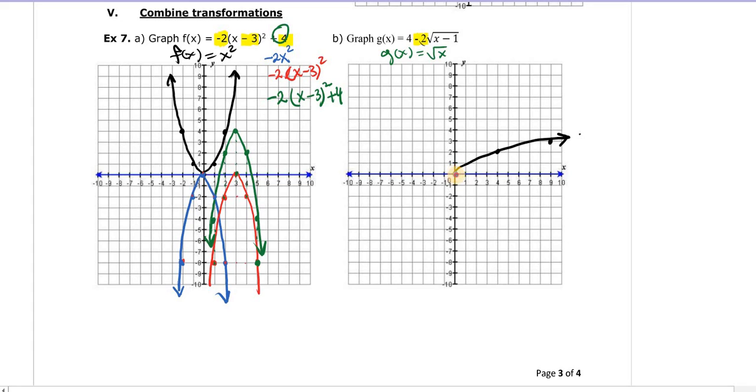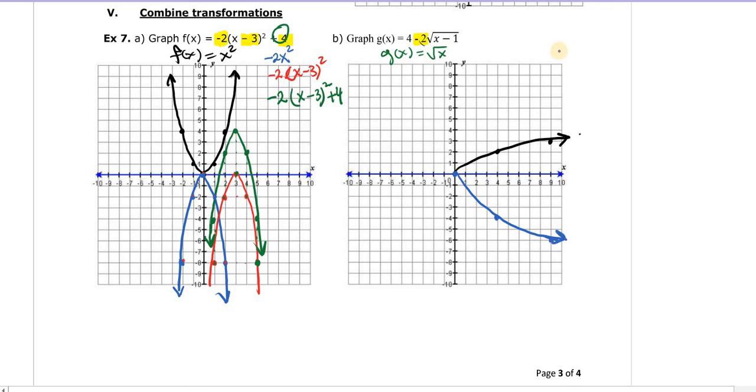When x is equal to 0, the function will be 0. When x is equal to 4, the function will be equal to -4. When x is equal to 9, the function will be equal to -6. So here is the reflected function.